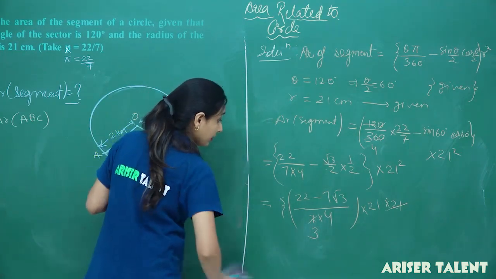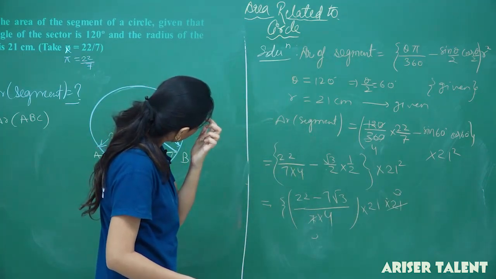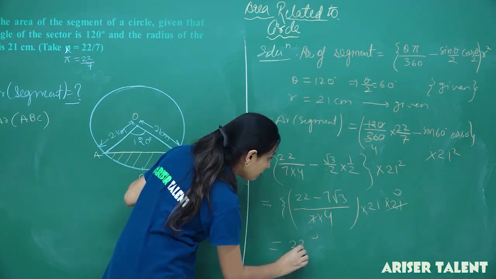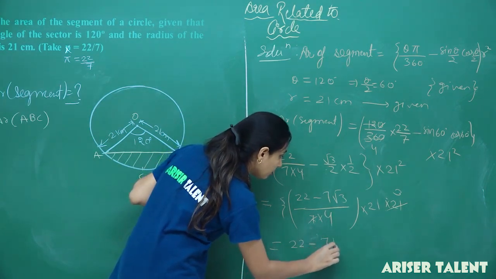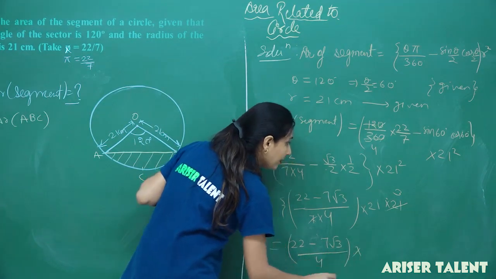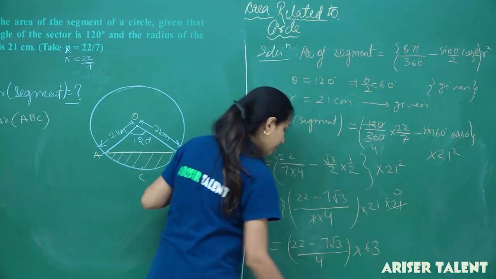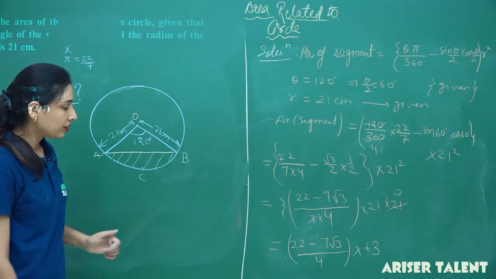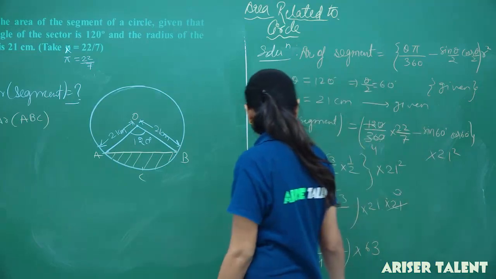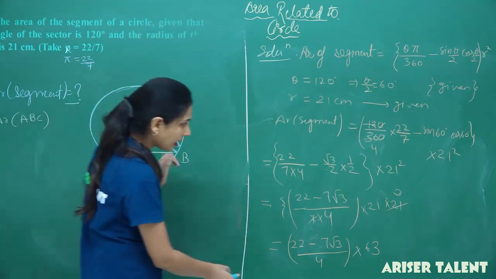So that will be your 22 minus 7 root 3 divided by 4 multiplied by 3 and 63. Okay, so it's some inner root thing.